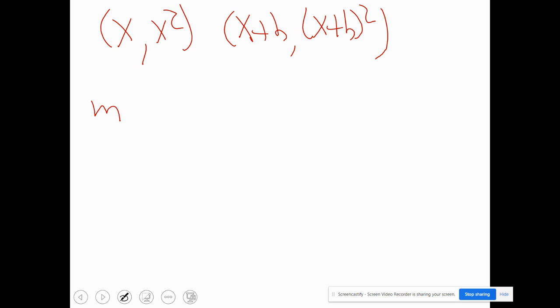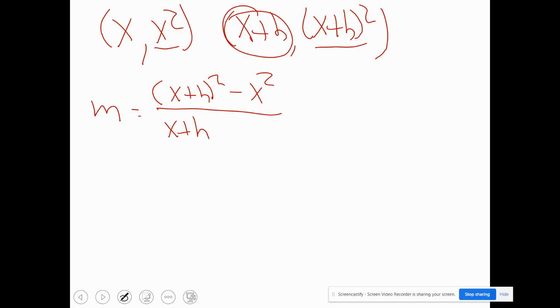So my slope formula says I need to take y minus y, x plus h squared, and we always start with that one, minus x squared, over x plus h, the second x, minus the first x. Now, as you can see, when you simplify this, you're still going to be left with h's in the equation here.